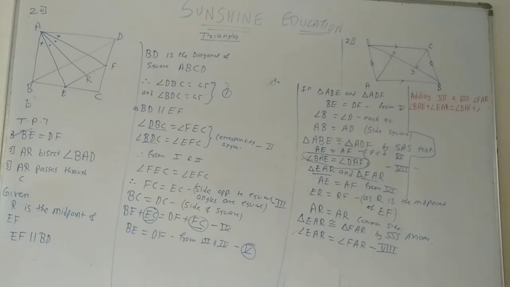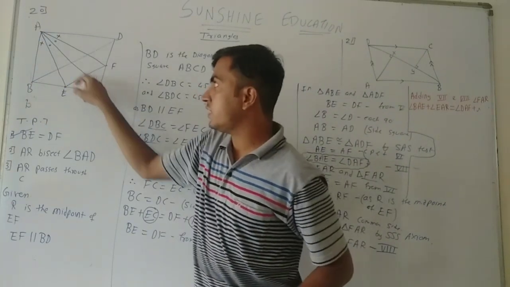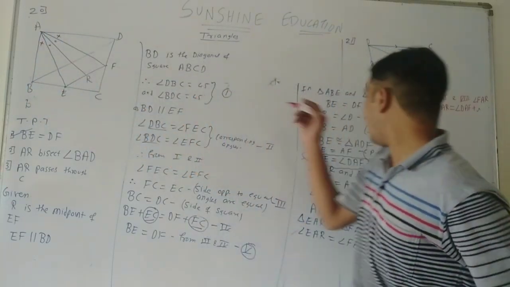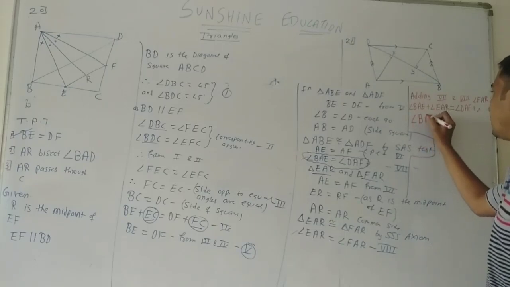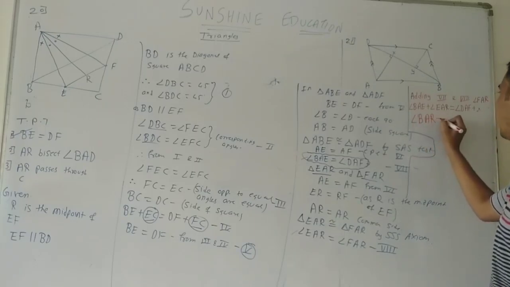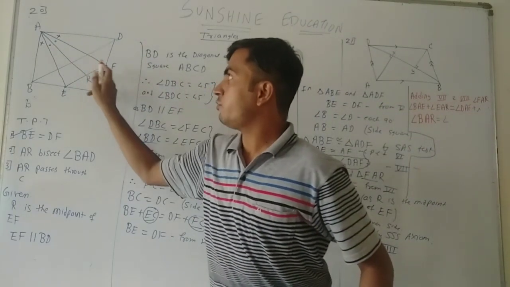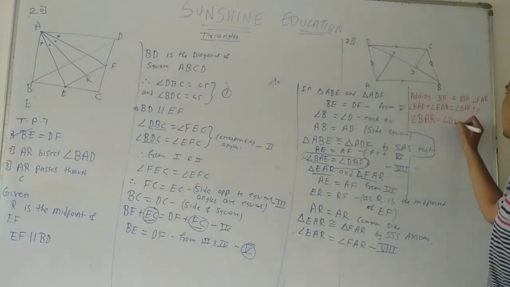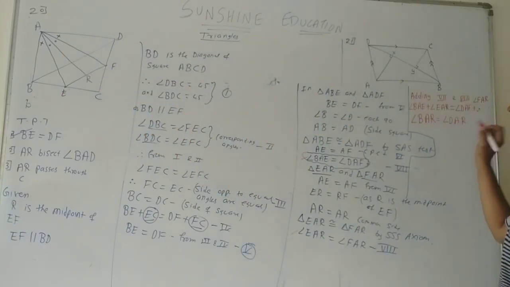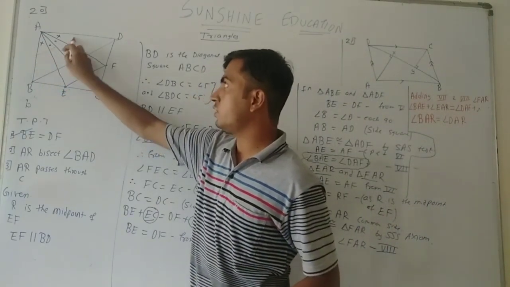Now, if you observe that BAE plus EAR is nothing but BAR. So this is angle BAR, equal to DAF plus FAR, which is DAR. So we got BAR, this part is equal to this part.